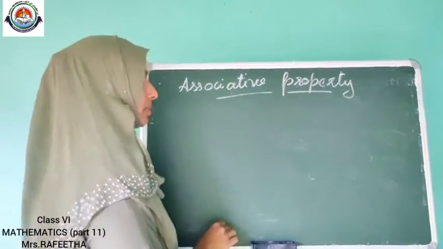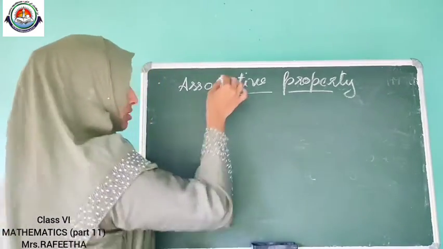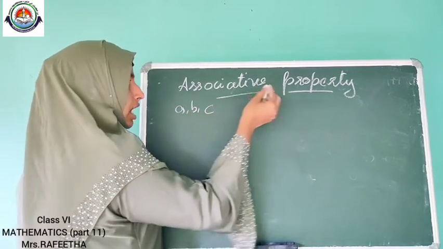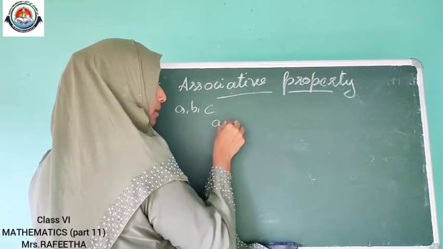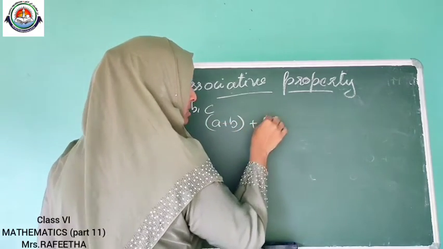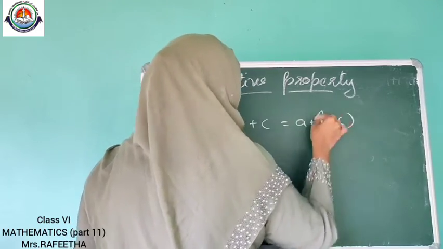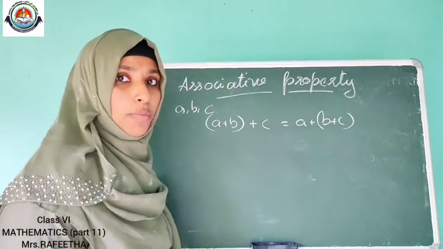In the case of addition, how did we study the associative property? That is, if A, B and C are whole numbers, then A plus B plus C is equal to A plus B plus C. This was the associative property in addition.